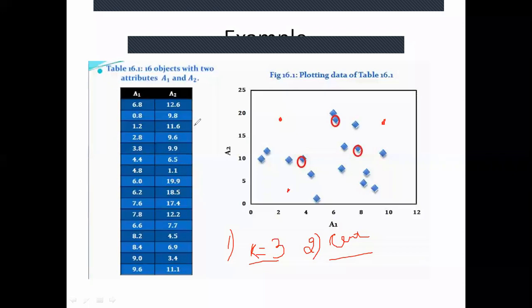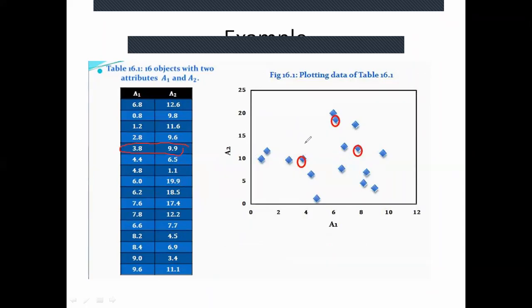Now in this numerical, let me check. This one is around 4 point something or 3.8, so this one is 3.8, 9.9. This one is 7.8 and 12.2, and the third is 6.2 and 18.5.